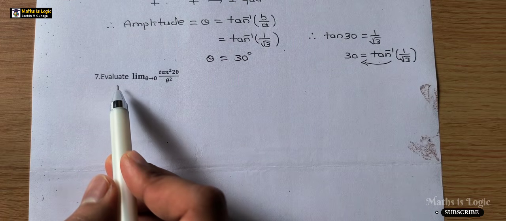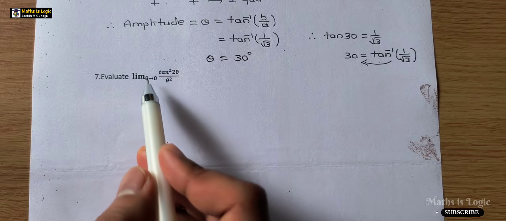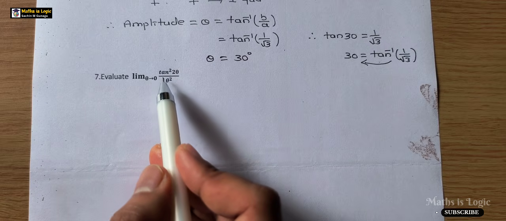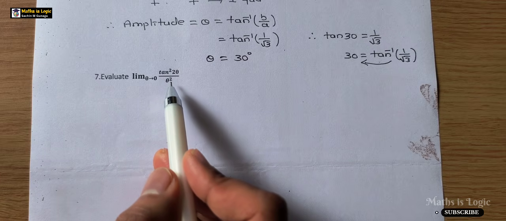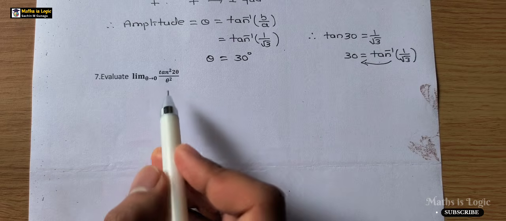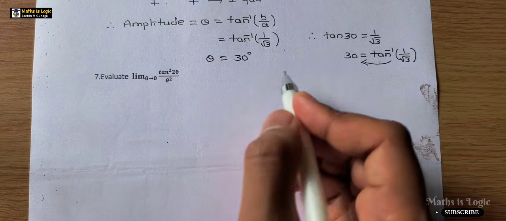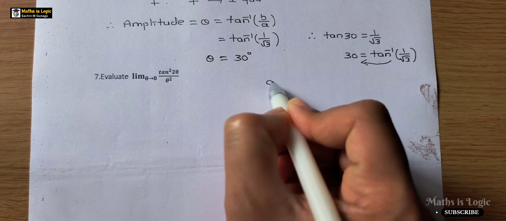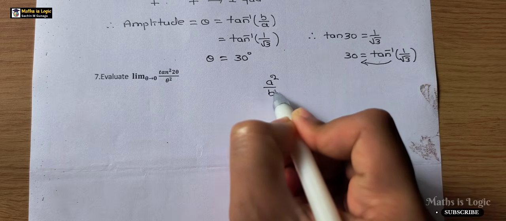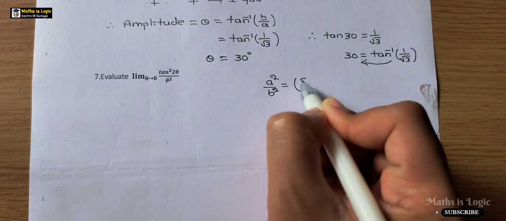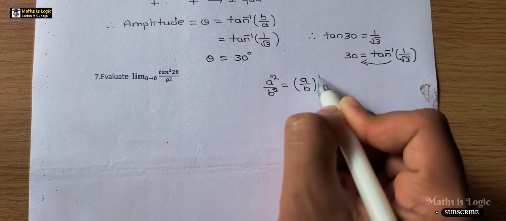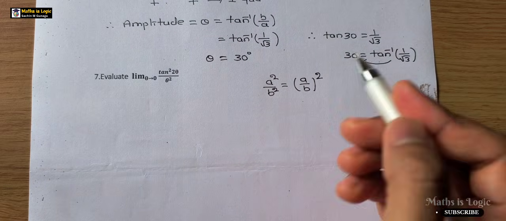Seventh one, evaluate limit theta tends to 0 tan square 2 theta divided by theta square. First, we know this result: a square divided by b square can be written as a divided by b whole bracket square. Correct?